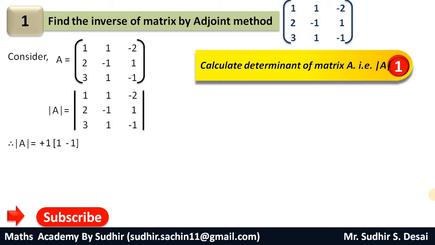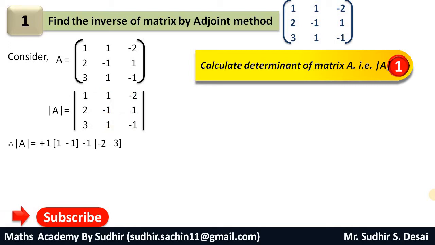Now sign for the second one is minus and second element is 1. Now this is in first row second column, delete it. Whatever the elements are remaining, write it down in the 2 by 2 order determinant and expand them by taking cross multiplication with middle sign minus. So 2 into -1, -2, middle sign minus, 1 into 3, 3.